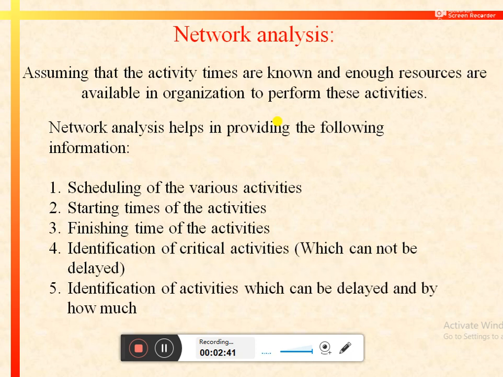In a similar manner, we can identify those activities which are not critical for the project and which can be delayed by a certain amount of time, and it would not affect the performance of the project as a whole. So these are some key pieces of information that we can draw by analyzing a network.